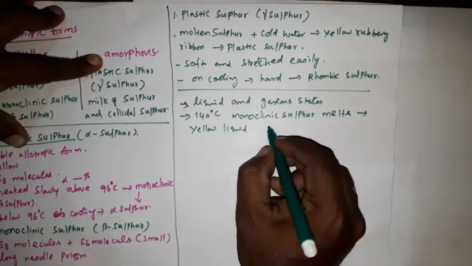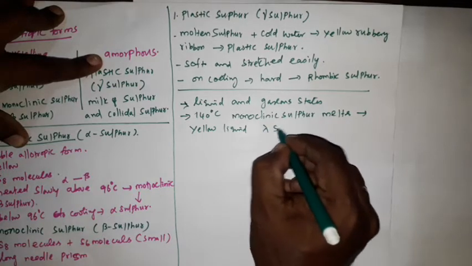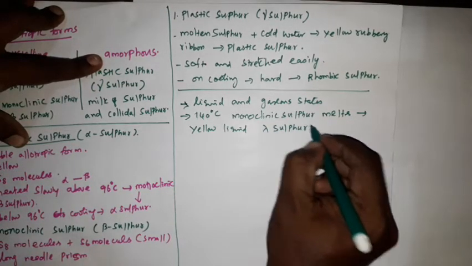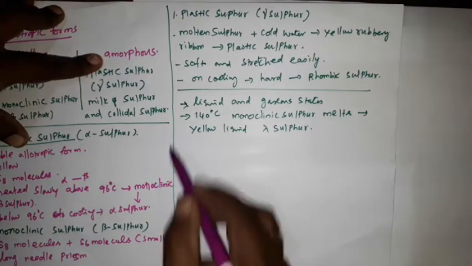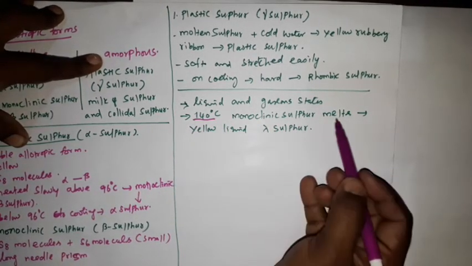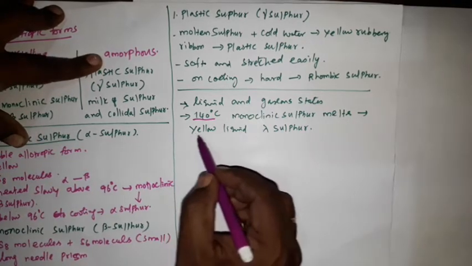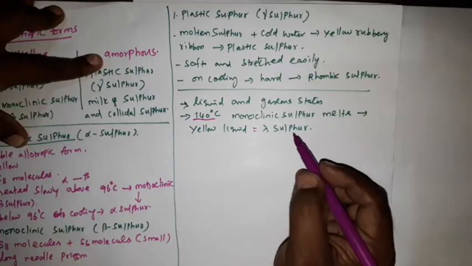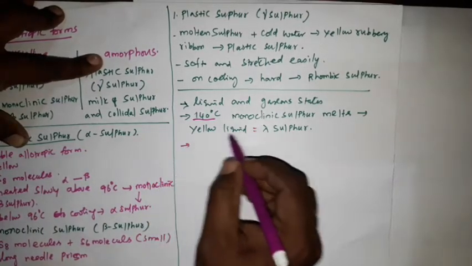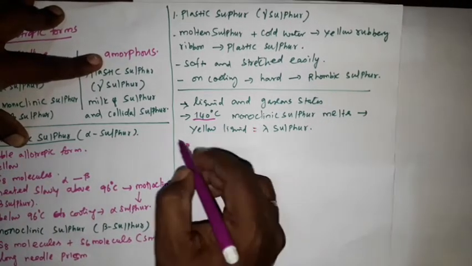This is called lambda sulfur. When it melts, vapor will be produced.